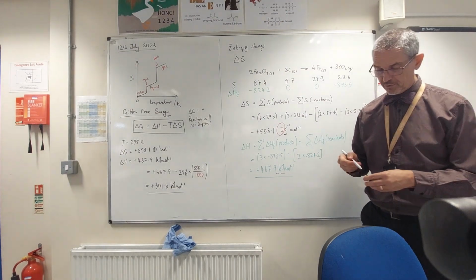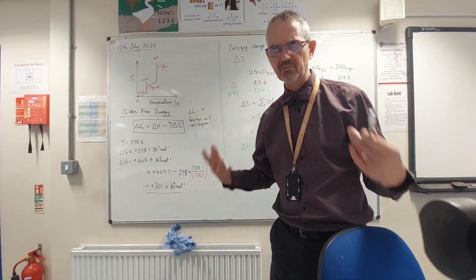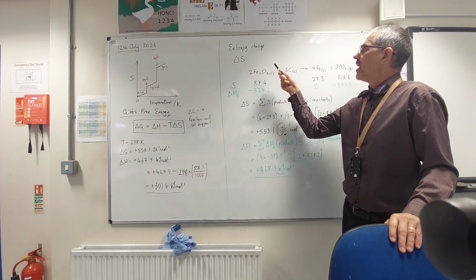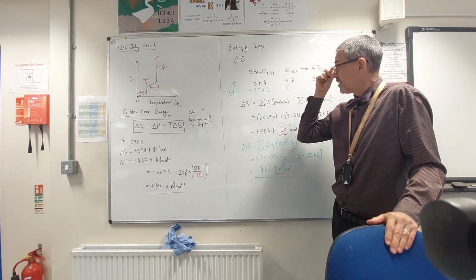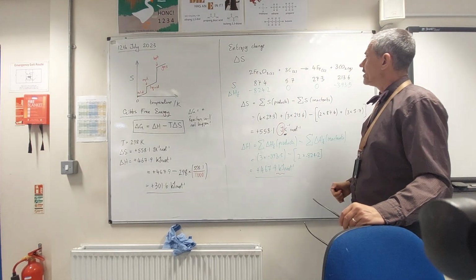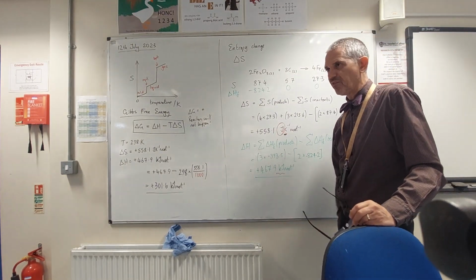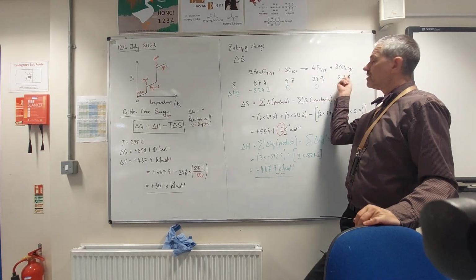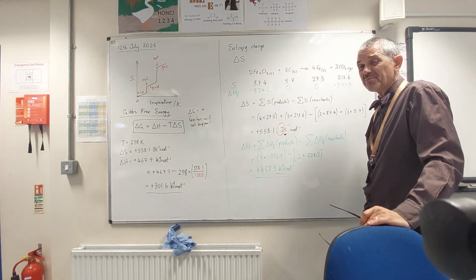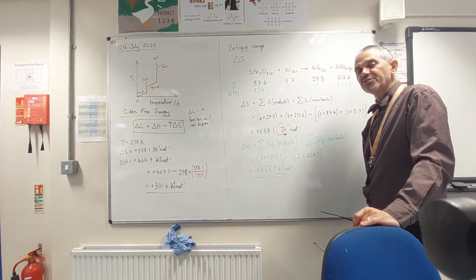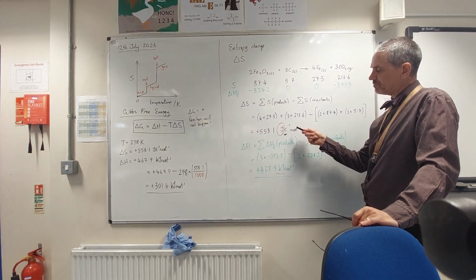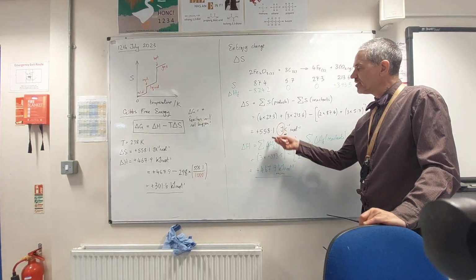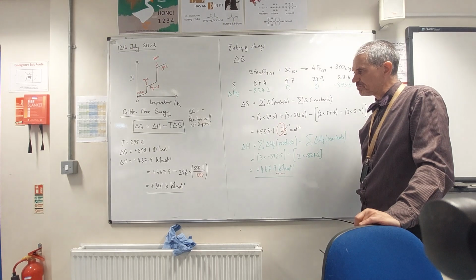Will not happen. We can use the term non-spontaneous, which is a bit of a mouthful, or we can just say it won't happen. So if I try and take iron ore, which is what iron oxide is, add it to some carbon and mix it around at 25 degrees centigrade, surprise, nothing happens. It's a big positive entropy, we're getting an increase in disorder, but thermodynamically there's too positive an enthalpy change to make that entropy count.